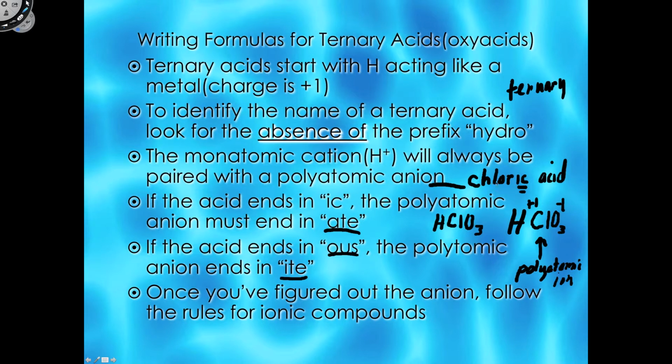So if that had been chlorous acid, we would have known that it was H, just like always. We would have known that it was ternary because of the absence of hydro, and we would have had to figure out what's connected to the H. Well, I know it's got to be a polyatomic ion, and it ends in OUS, so I would look up chlorite, and the chlorite symbol is ClO2.